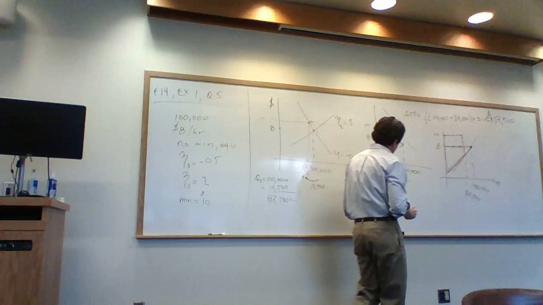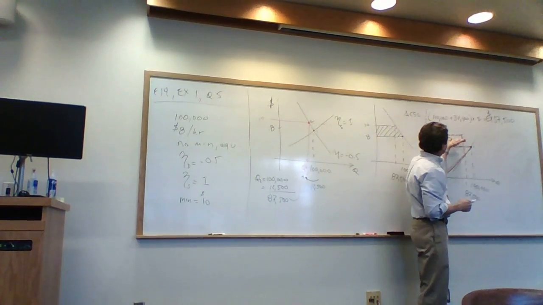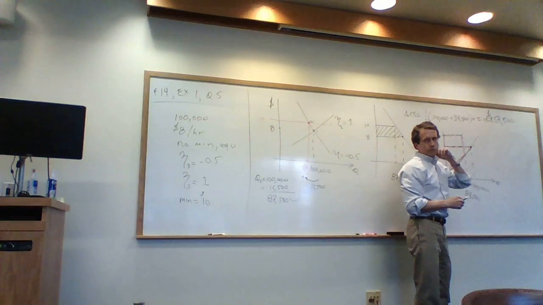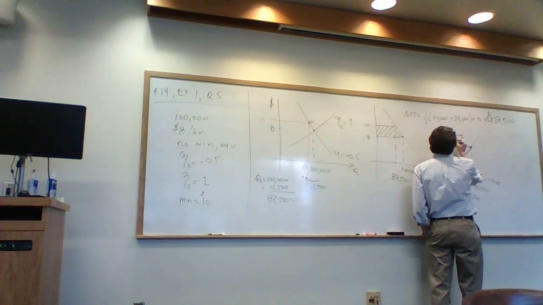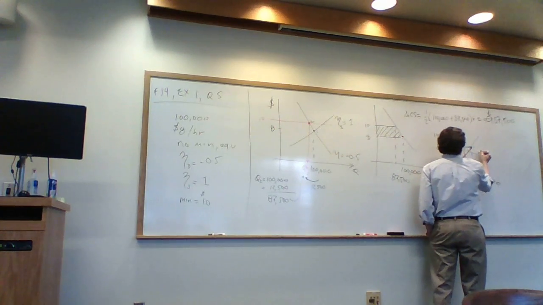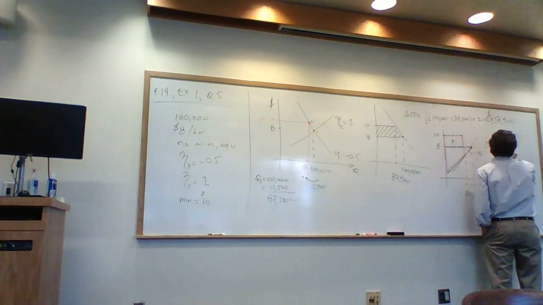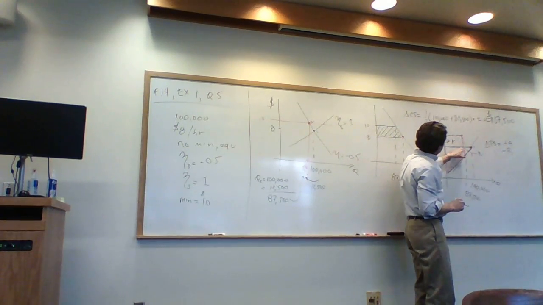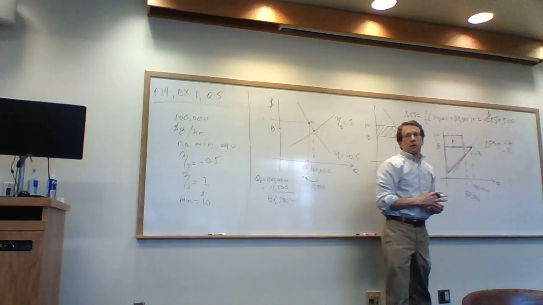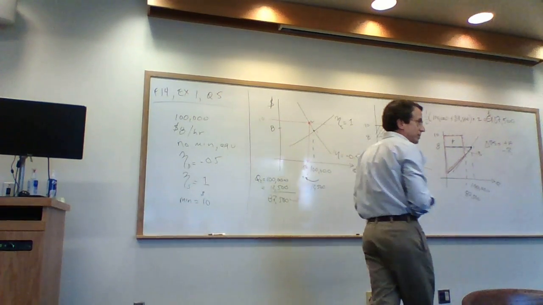And the only real wrinkle in these problems is that in this case, it's not the difference of two triangles. It's a more complicated thing. And so when we go from the old one to the new one, the sellers, the workers, gain area A, but they lose area B.